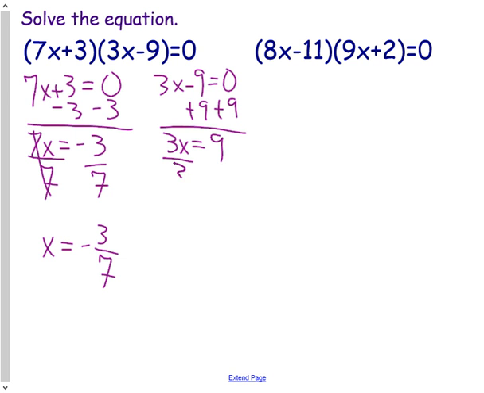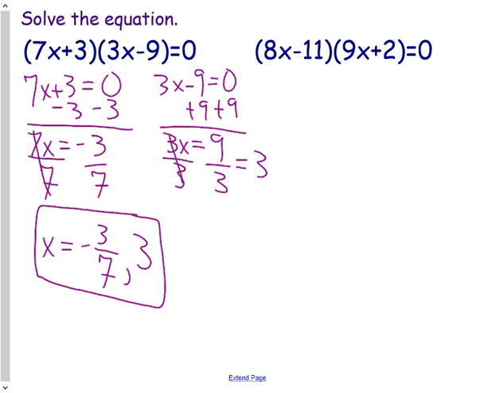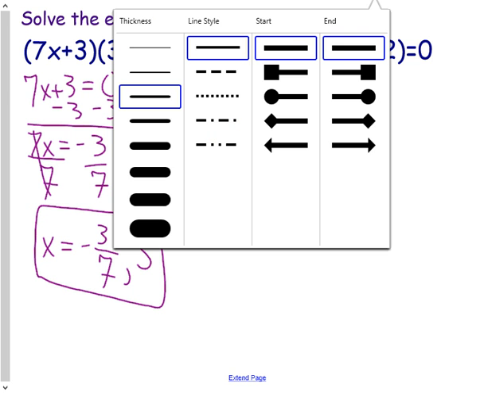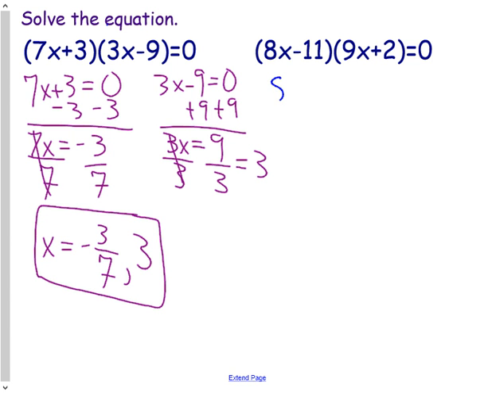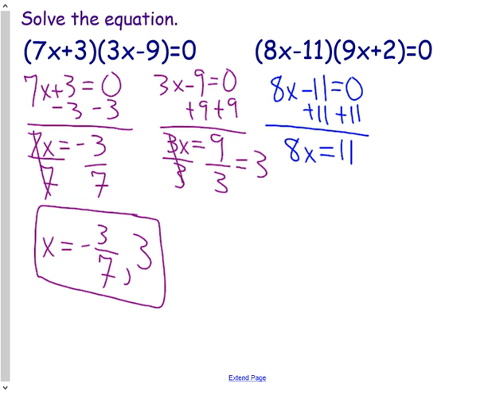And 9 does divide by 3 nicely, and we get 3. So negative 3 sevenths and positive 3 are the two answers we get. Next, 8x minus 11 is 0. 8x equals 11. And divide by 8. We get x is 11/8.